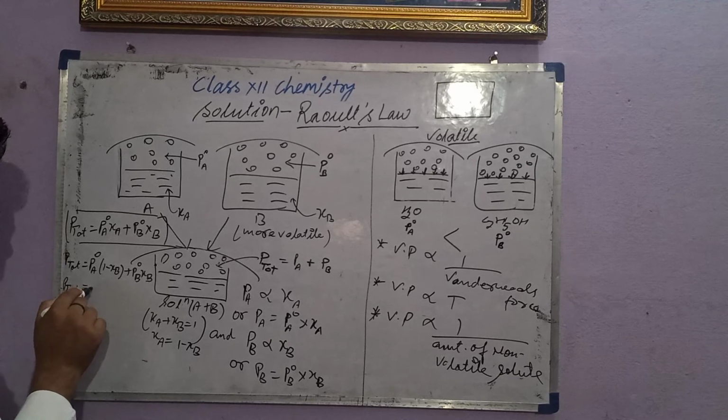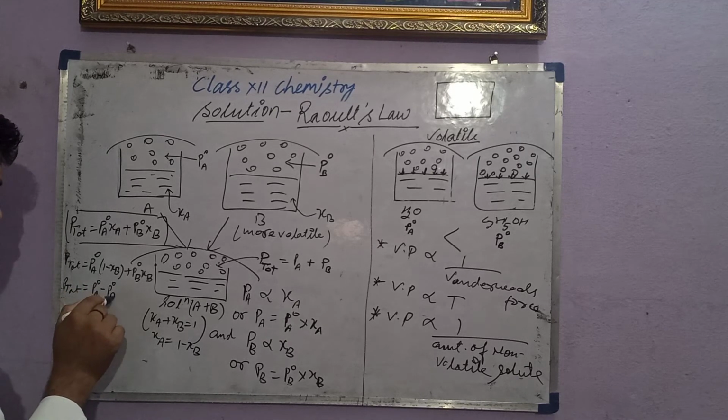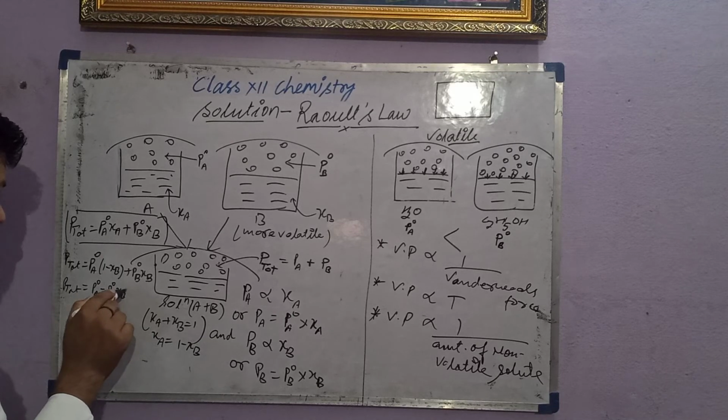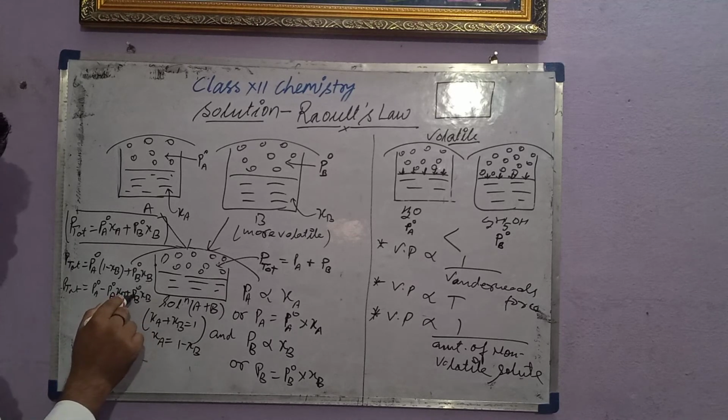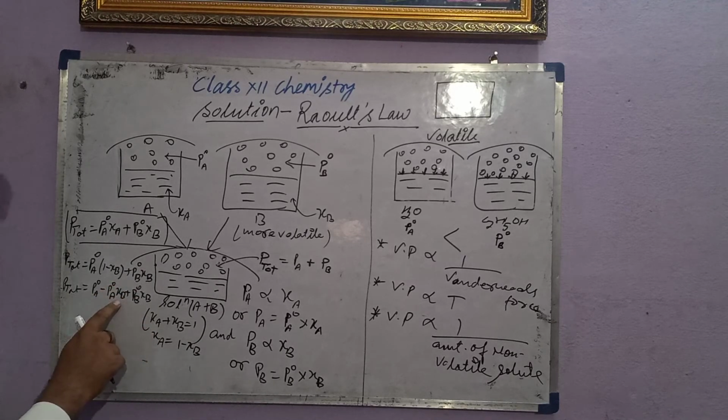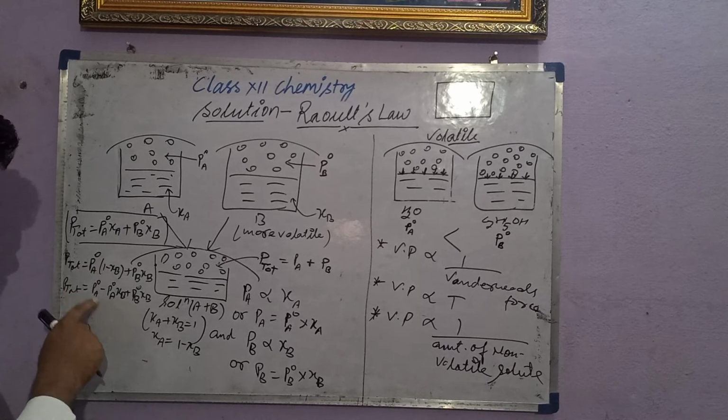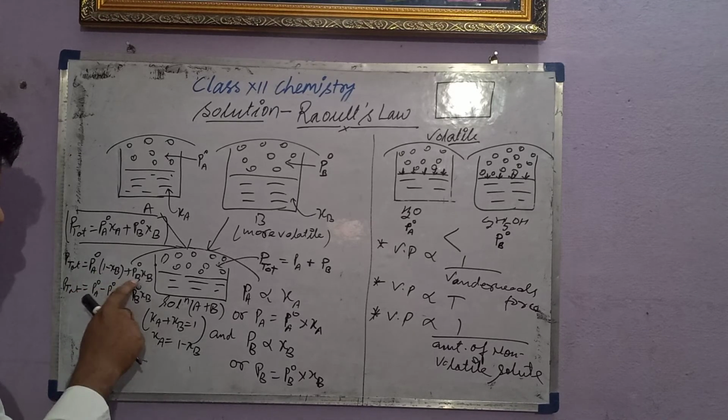We get P naught A minus P naught A XB plus P naught B XB. We can take XB as a common factor and rearrange the formula to get it in terms of one of the mole fractions. Multiply the terms and rearrange: P naught A minus P naught A XB plus P naught B XB.